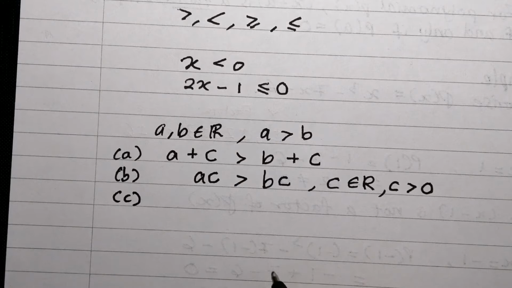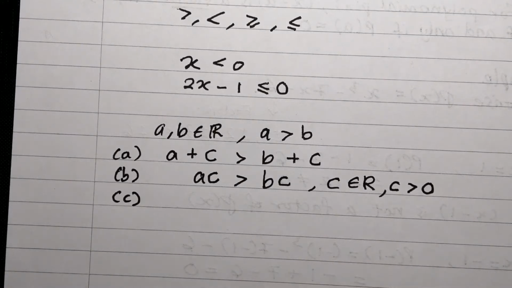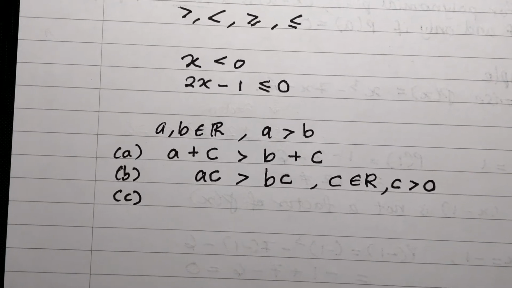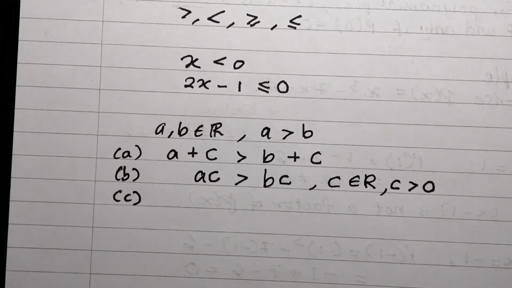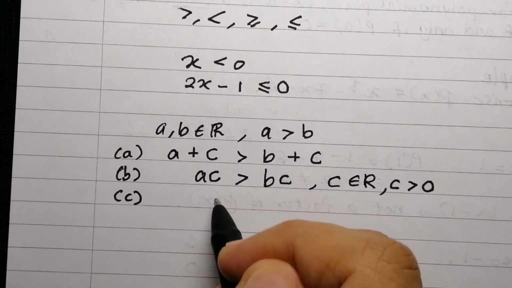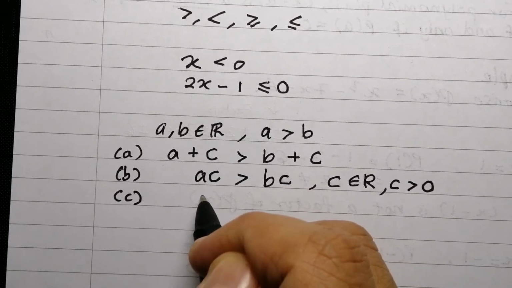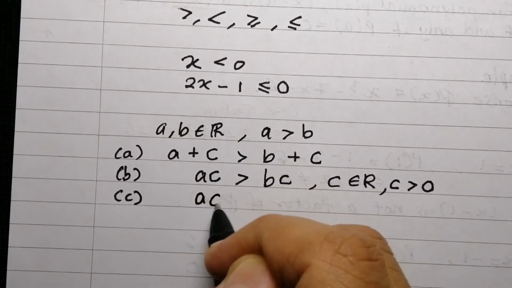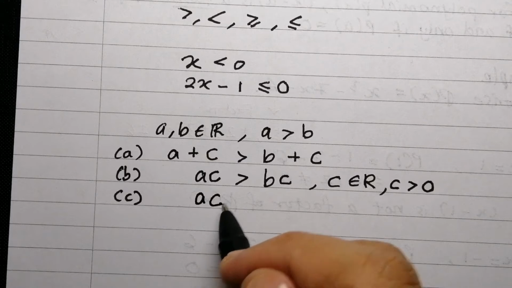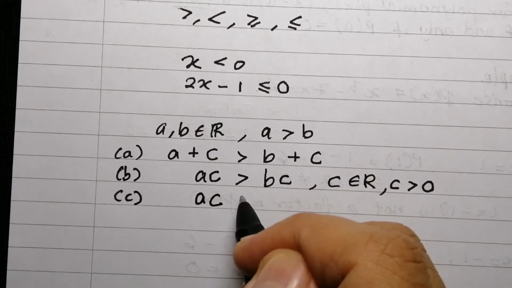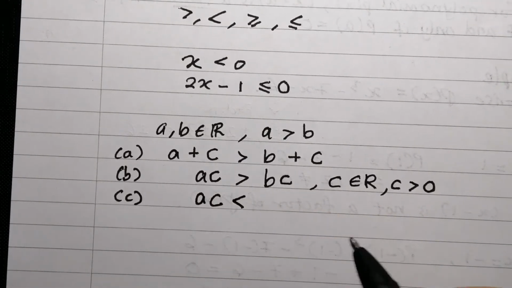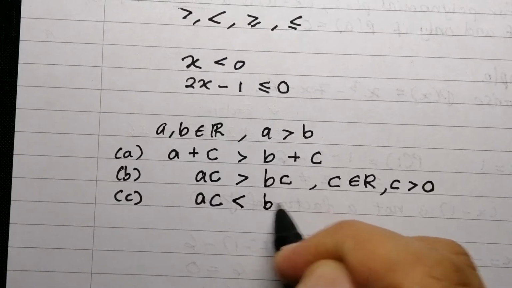Then the next, for a negative number, we start with a more than b. When c is a negative number, the relation changes.